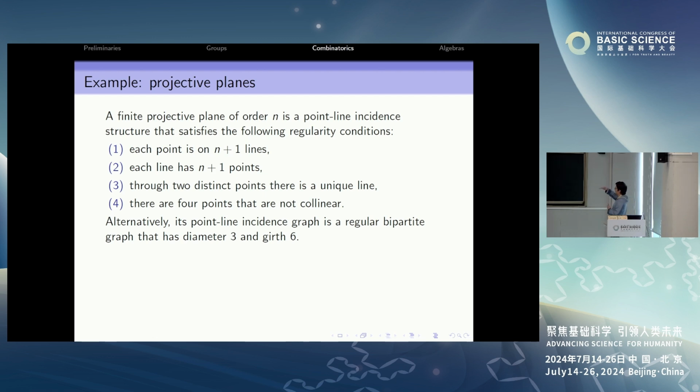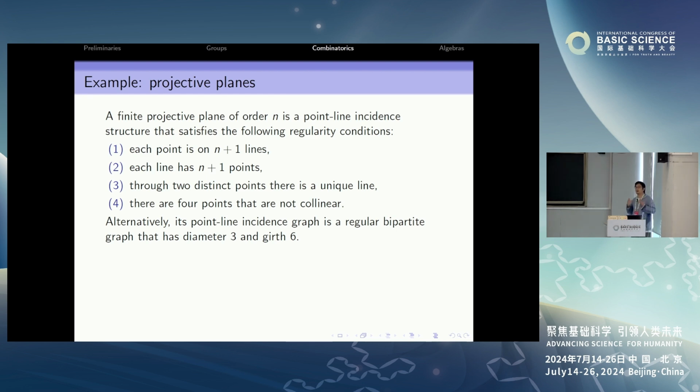Those are the regularity conditions, which I will not read here. The fourth one is called non-degeneracy. It avoids the degenerate cases, so there are 4 points that are not collinear.